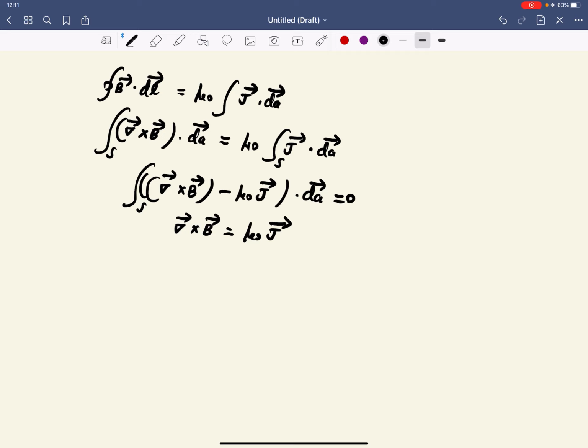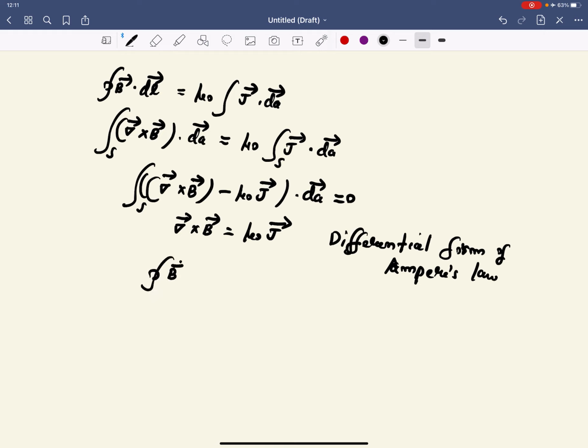Okay, so this is the differential form of Ampere's law. The integral form is the one we have already written: B dot dl is equal to mu 0 into I enclosed. So this is the integral form of the Ampere's law, and this one is the differential form of the Ampere's law.